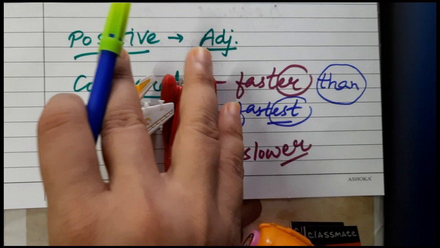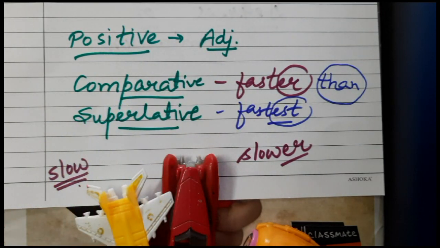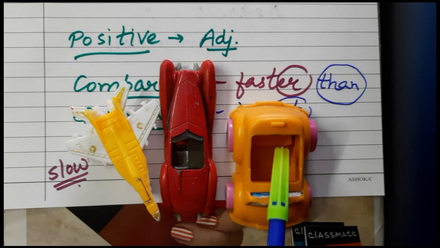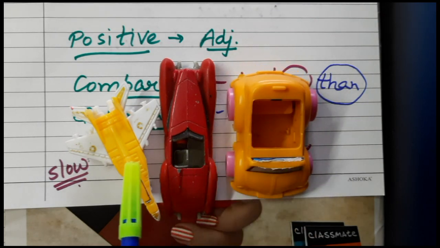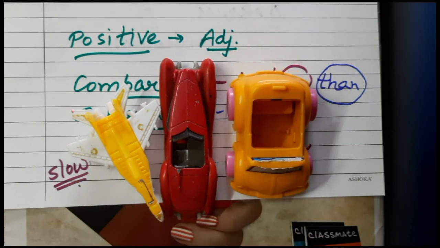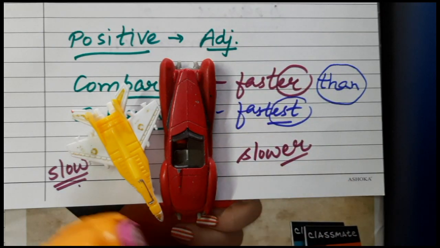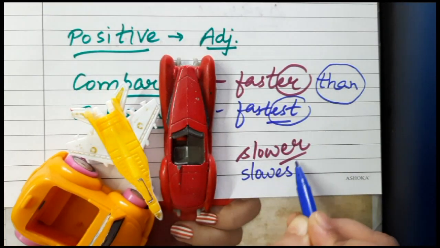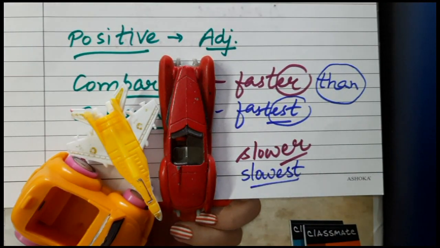Okay. And again, how will you use your superlative? Let us see. My question will be, which is the slowest? Yes, the answer will be, the yellow car is the slowest of all. Is that clear? So we have learnt the two adjectives now. Fastest, slowest.